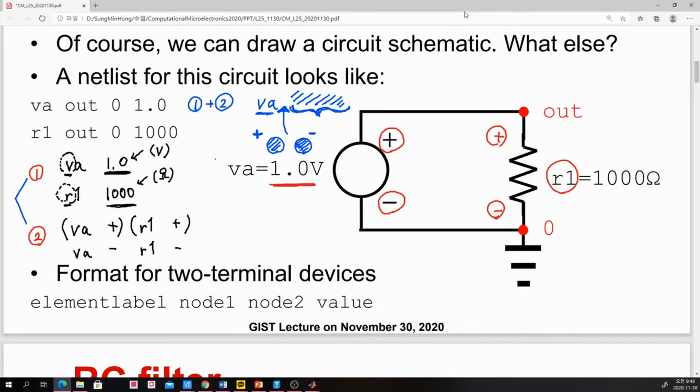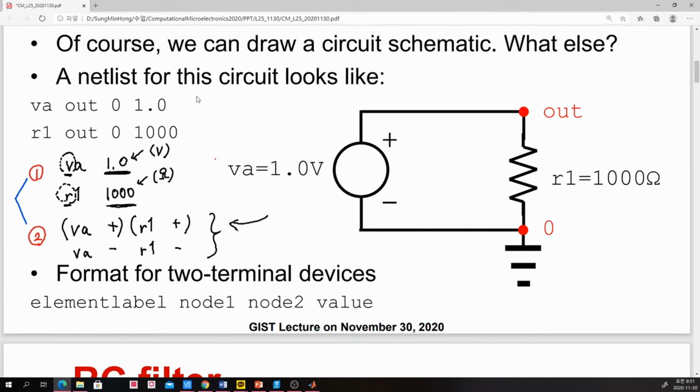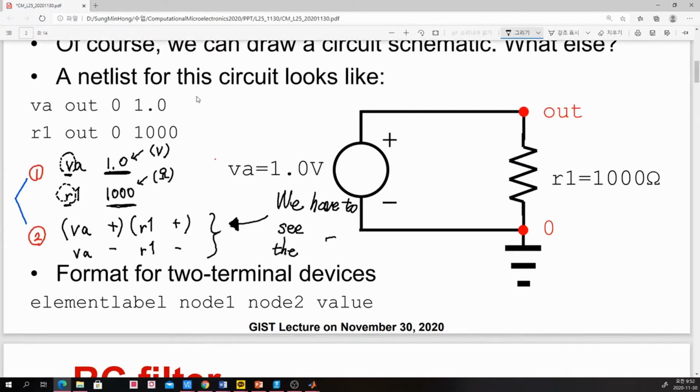What is the critical point in this approach? What is missing? In my opinion, the critical weakness of this description is we have to see the entire circuit.